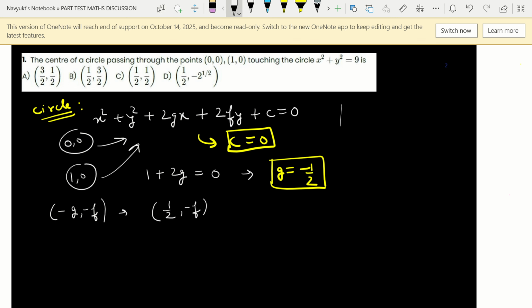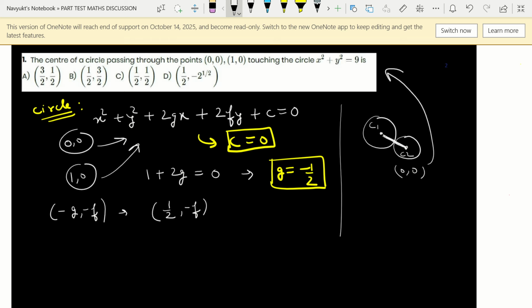So if you notice, let's say these two are the circles and they touch each other like this, C1 and C2. So the distance between their centers would be equal to the sum of their radii, correct? So we will write the center of the second circle, which is 0 comma 0 itself, as you can see, correct?